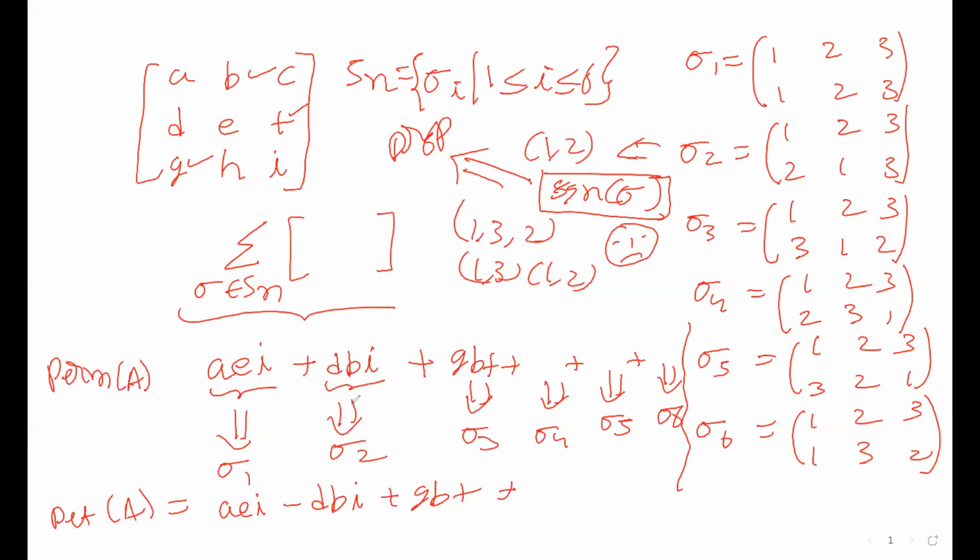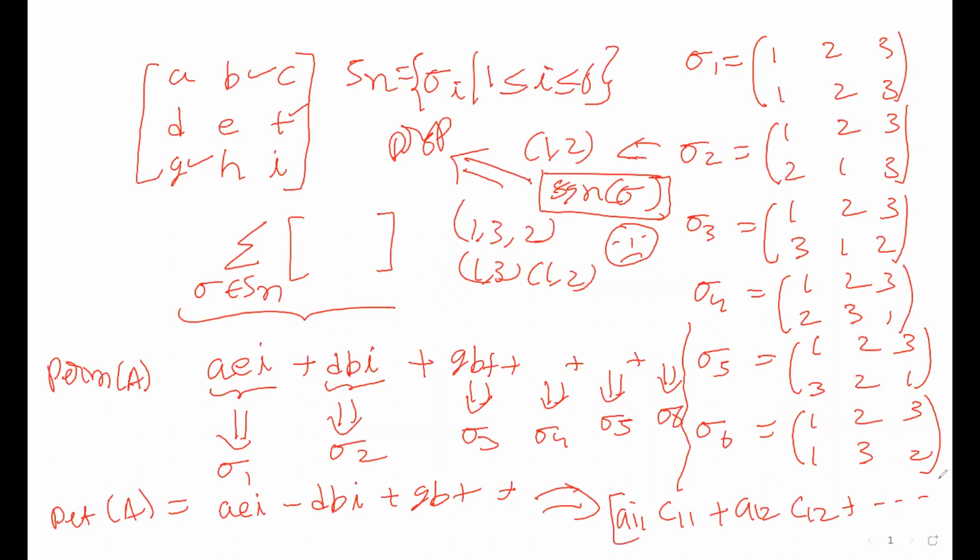First thing, do you see the difference between the definition of permanent A and determinant A? Question 1, let's first focus on this. Now it so turns out that you can get this by applying A11 into the determinant of the cofactor of element A11, A12 into the determinant of the cofactor C12, the cofactor of the element A12, and so on and so forth.